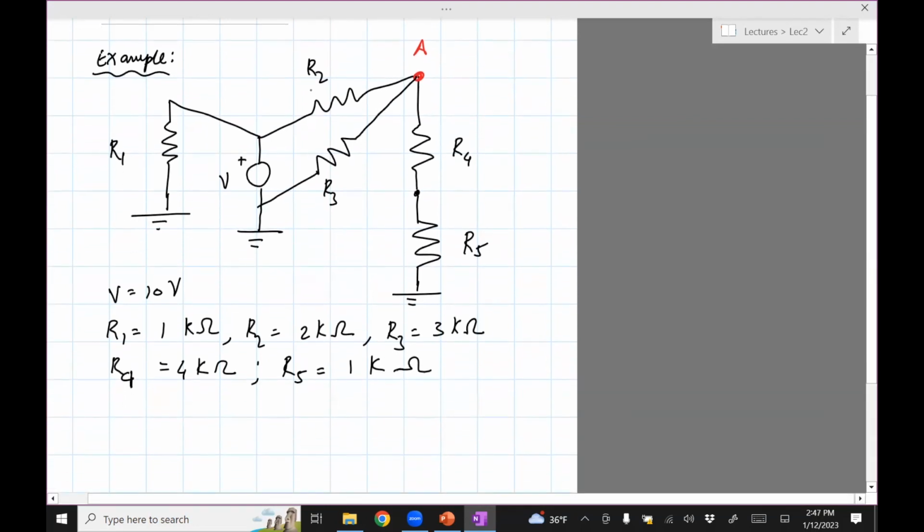Okay, for a circuit like this, compute, number 1, the equivalent resistance.